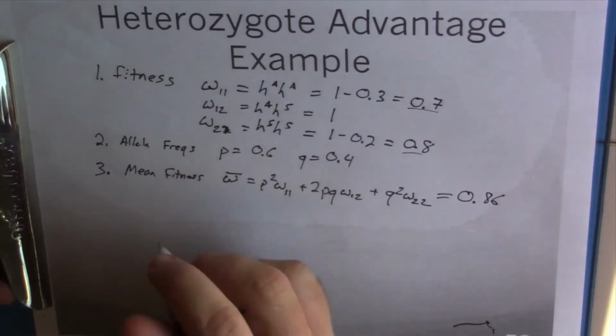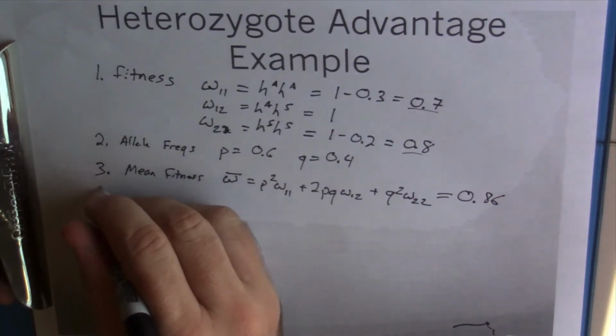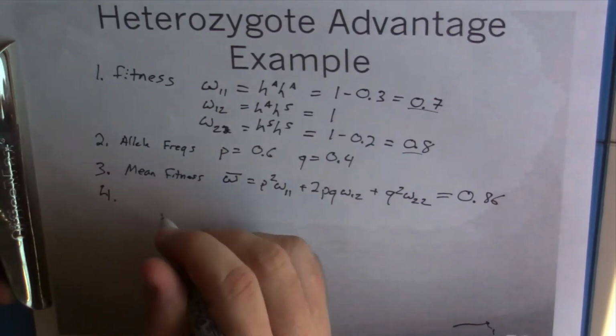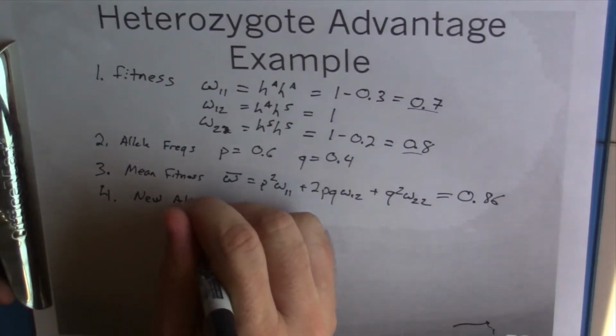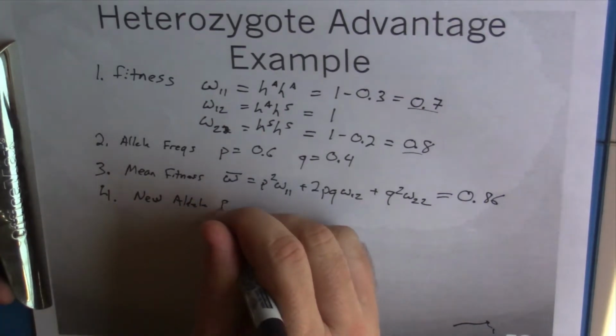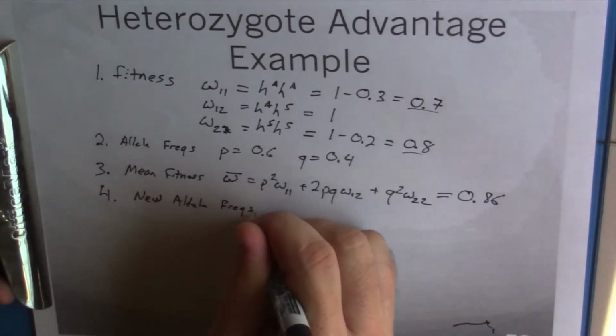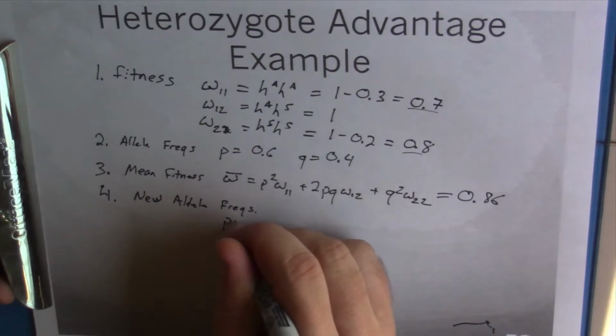Now we calculate new allele frequencies. So p at t plus 1.